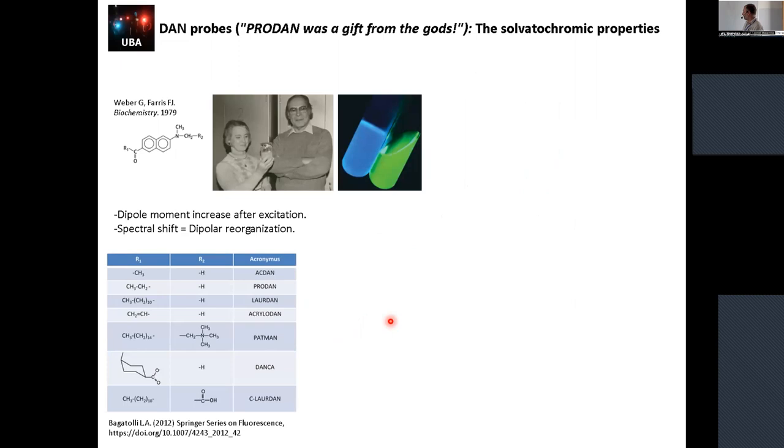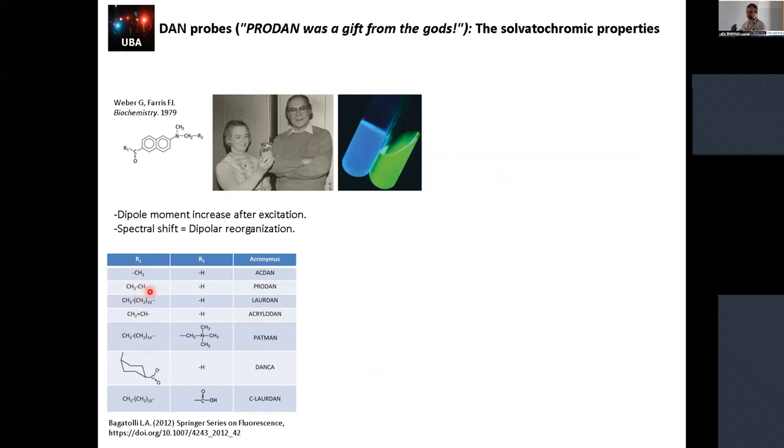So now I'm going to explain a little bit to highlight how phasor works. I will talk really about these probes later on in the afternoon talk, but I want to at least give you some explanation. So these DAN probes, dimethylaminonaphthalene probes, were synthesized by Gregorio Weber and Fred Ferris with the intention to capture environmental changes around the probe.